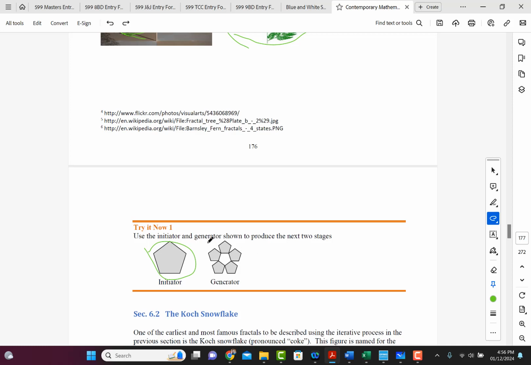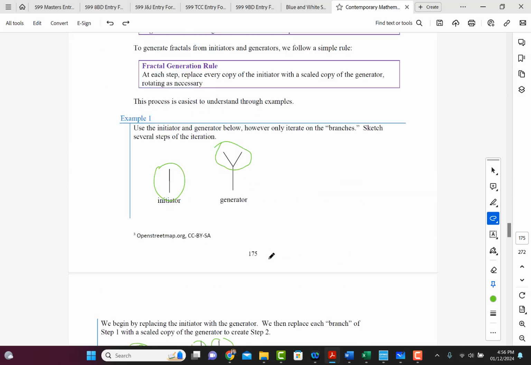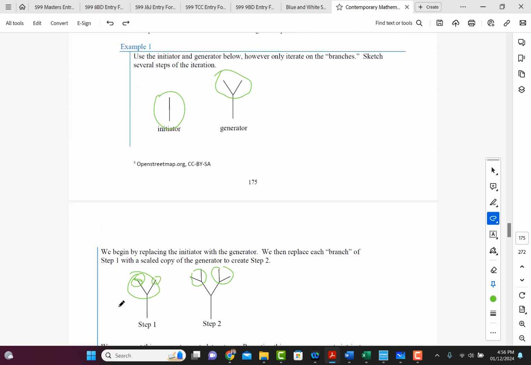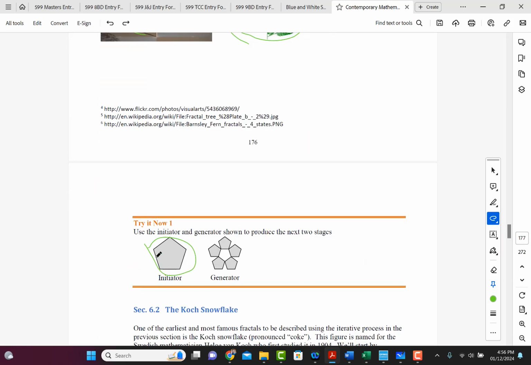And so what you want to do is find the next two stages in the process. Just like up here, we started with the initiator here. So number 1 was this, step 1. So in this case here, this would be step 1.